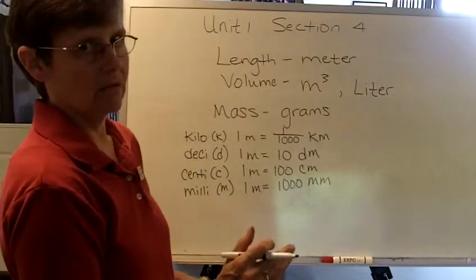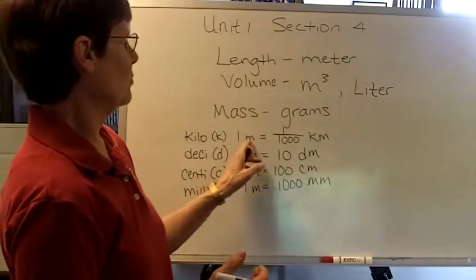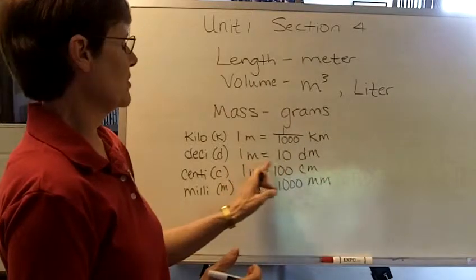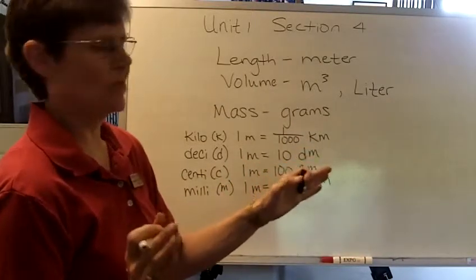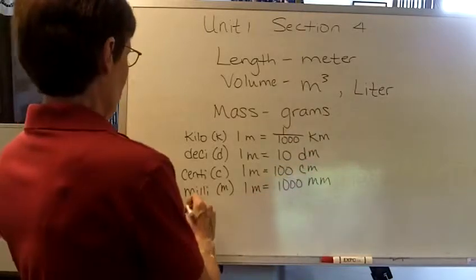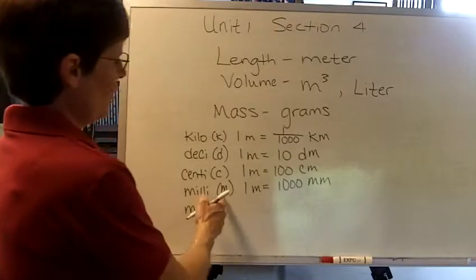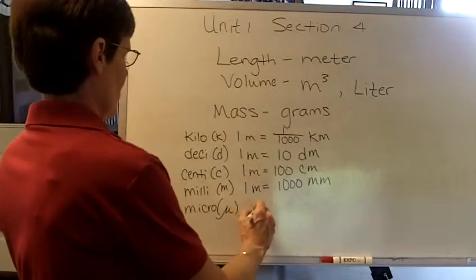Now follow me here. If I wanted to substitute grams, I could say 1 gram is equal to 1/1000th kilogram. 1 gram is equal to 10 decigrams, and so forth. So I'm just using meters as an example. Okay, micro. And since we already used the M, we have to go to a Greek letter. This is called a mu.